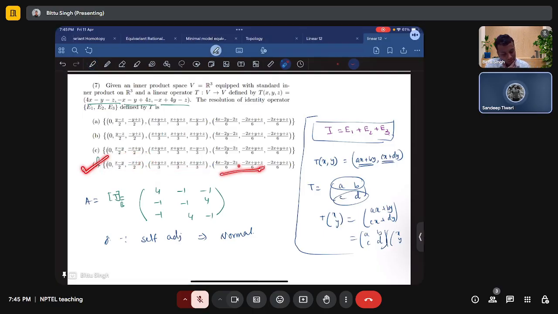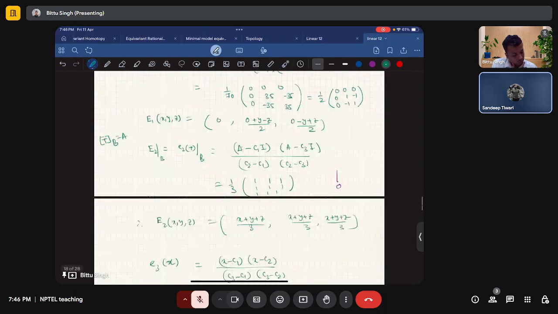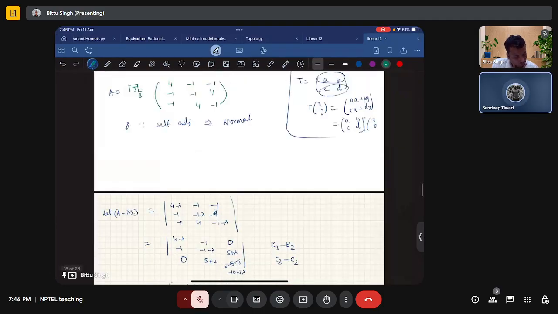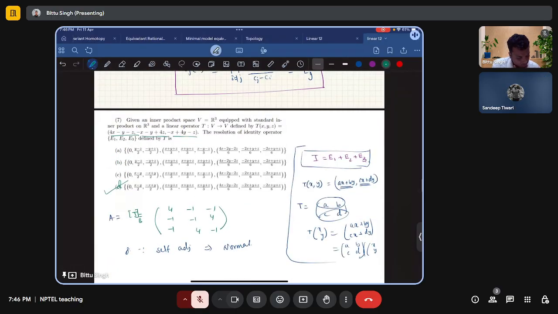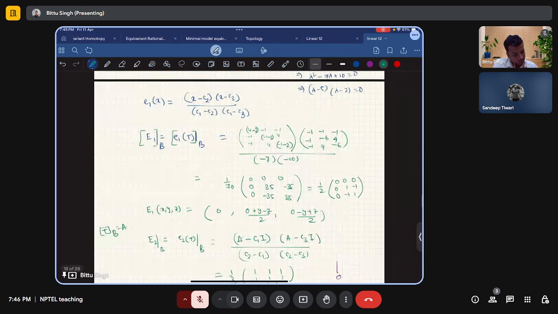Sir, D, you have got minus y minus z, minus y plus z, sir. Even there is a y minus z. Yes, you are right. B is correct. B is correct. y minus z by 2 and minus y plus z by 2. Now everything matches.